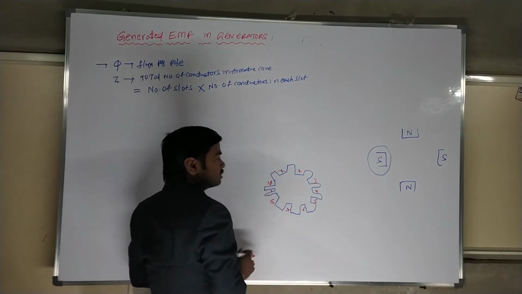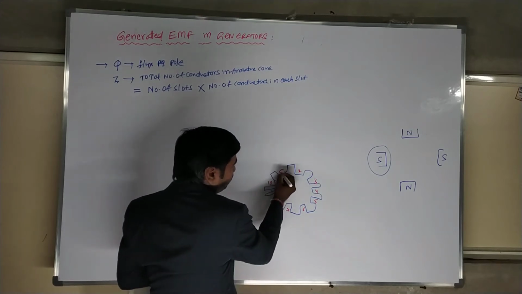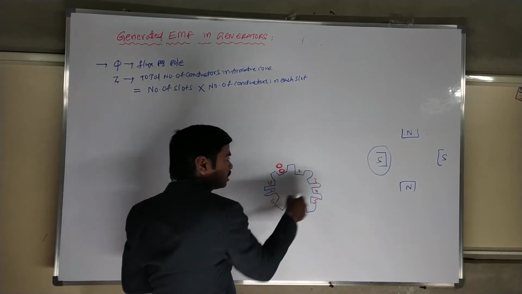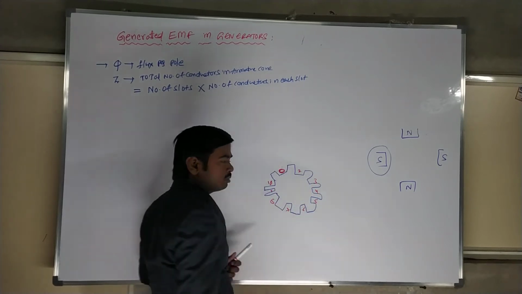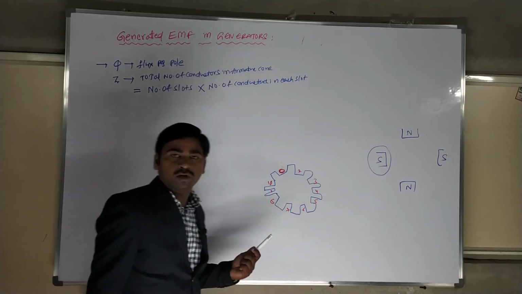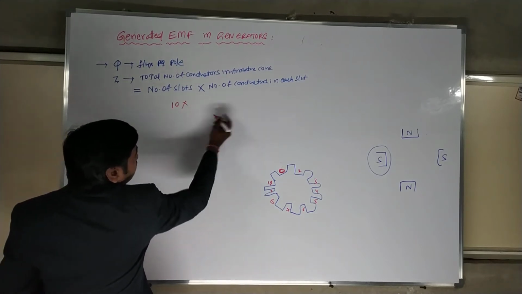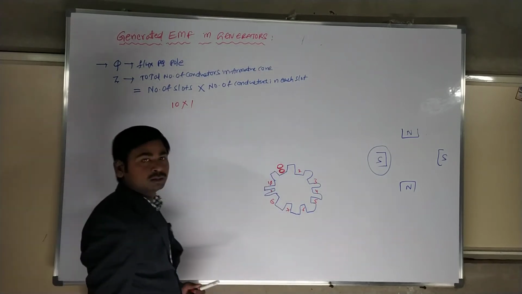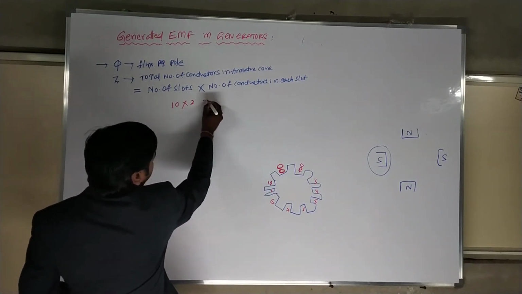In each slot we can keep one conductor or two conductors, our wish. If each slot has two conductors, how many total conductors? With 10 slots and two conductors each, 20 conductors. If each slot has one conductor, then 10 into 1 gives 10.